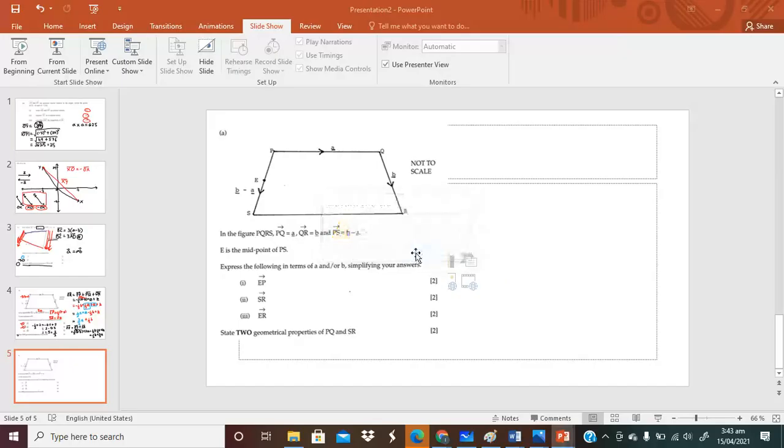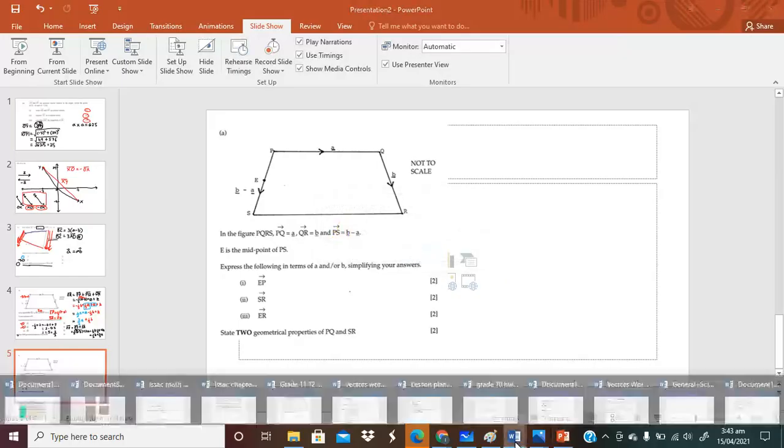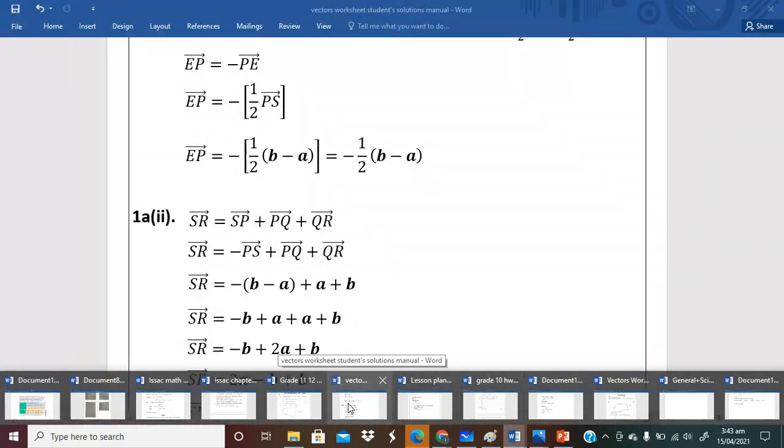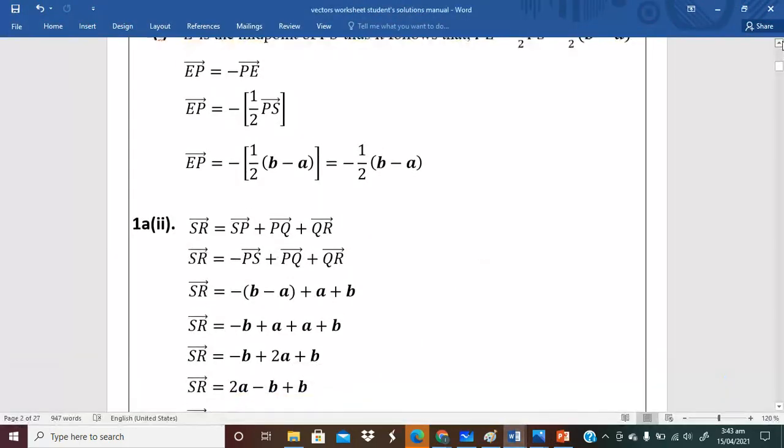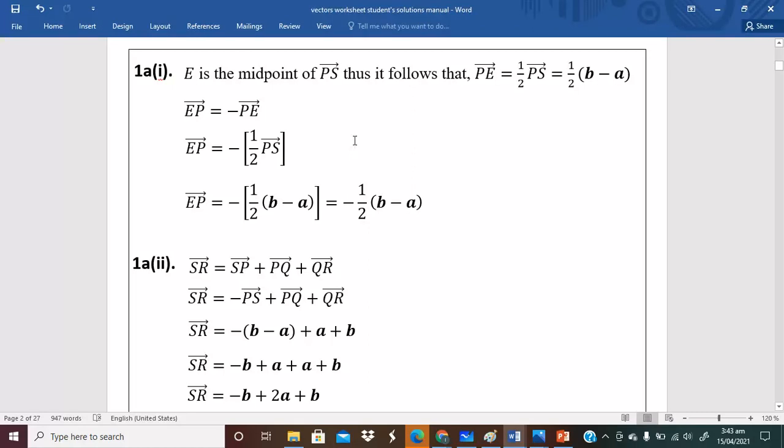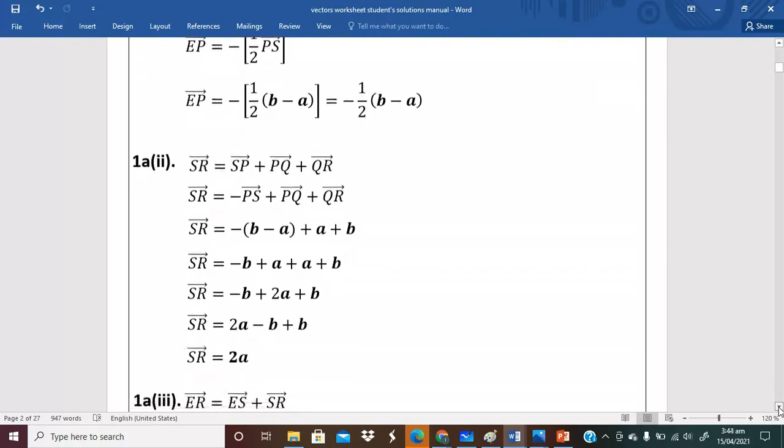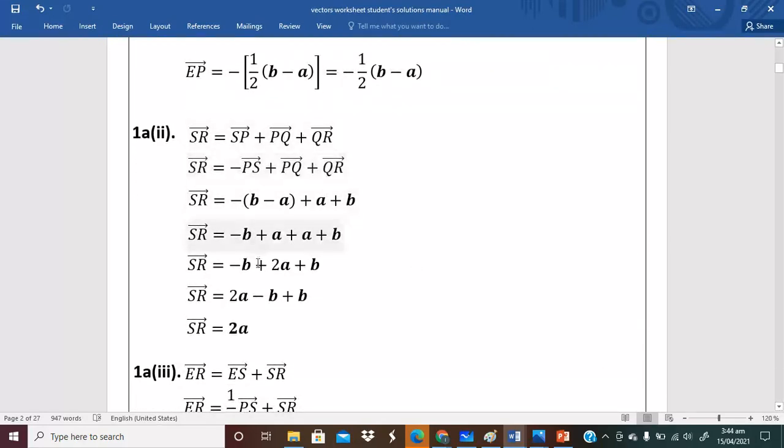Let's go here and recall in video 1, we saw that EP is equal to negative a half BA. We also saw SR, so this is the details of how we got 2A.